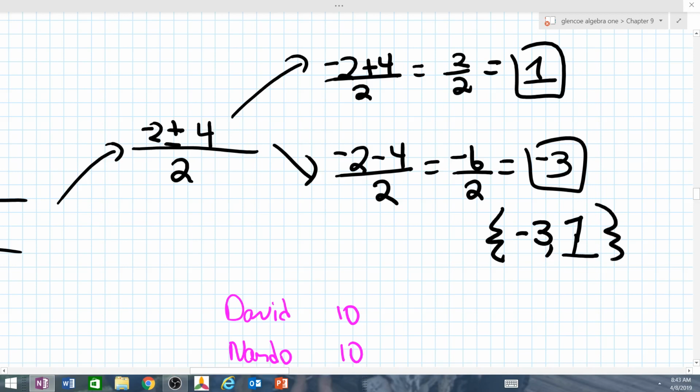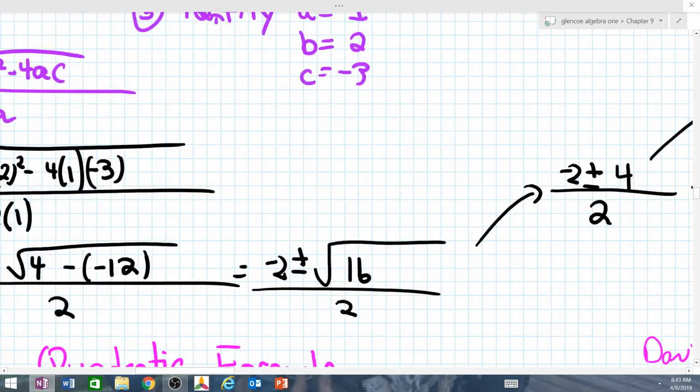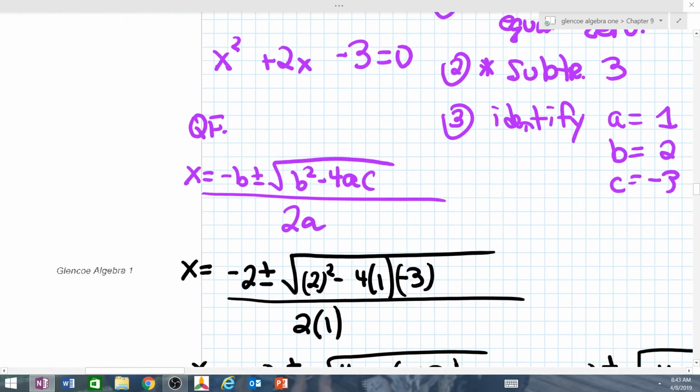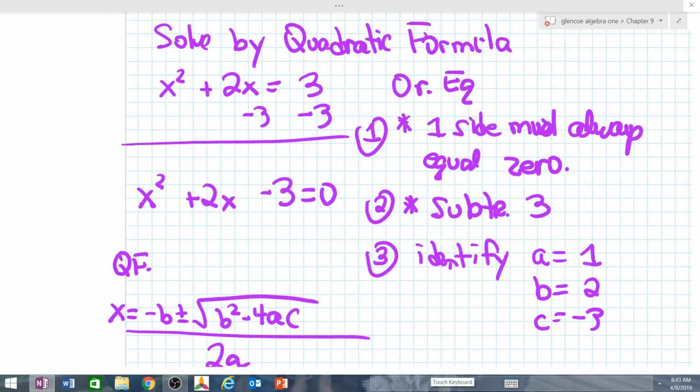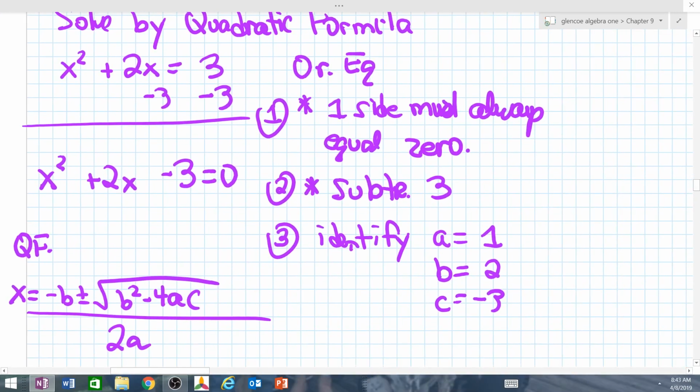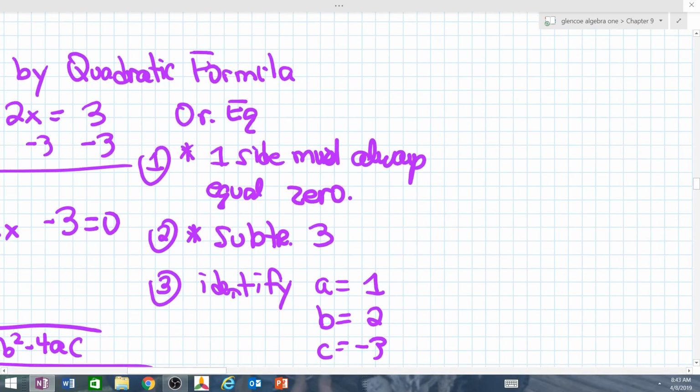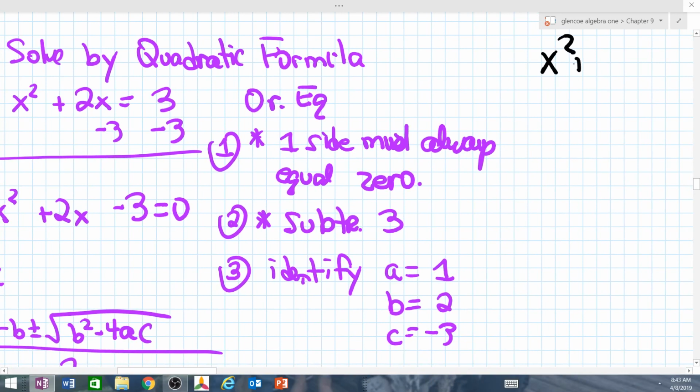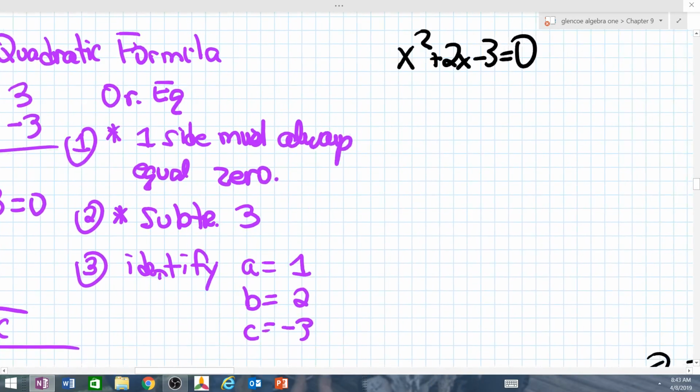Okay? Yes? All right, so that was easy and simple, but a little long. But do you think that equation could have been factored? Yes, of course. On a test situation, I would always see if it can be factored first.